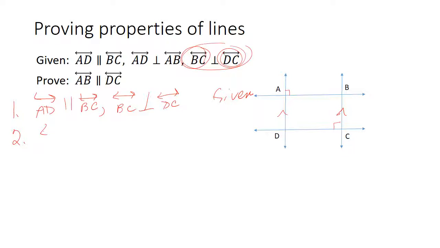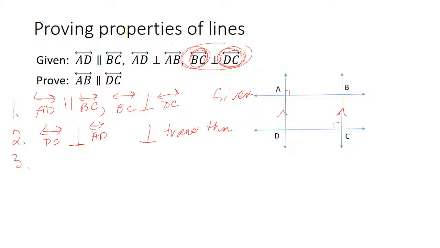That means that DC has to be perpendicular to AD. So if this is perpendicular to BC, and BC and AD are parallel, then DC has to be perpendicular to AD, and we would say that this is the perpendicular transversal theorem.